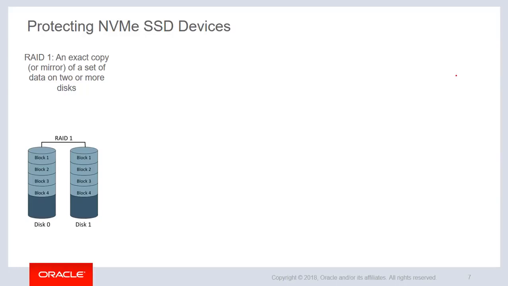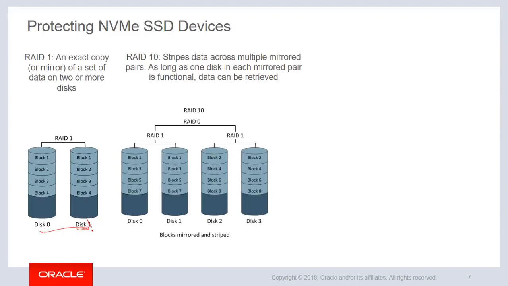The simplest one is a RAID 1 configuration, where you have an exact copy or a mirror of a set of data on 2 or more disks as shown here. It's a very simple RAID mechanism, something which customers use all the time. There's also something a little bit more complex called RAID 1 plus 0, also called RAID 10, where you combine mirroring with striping.